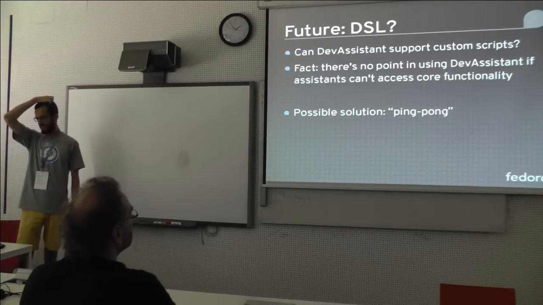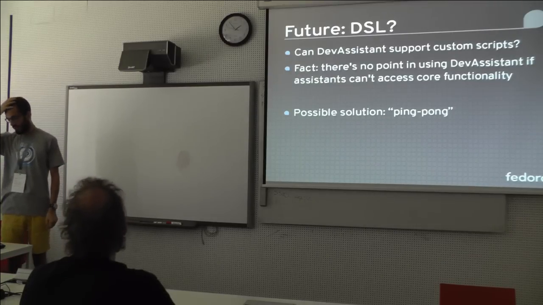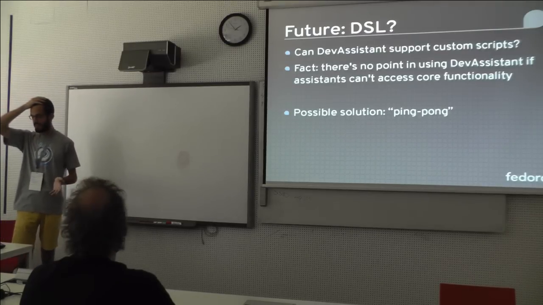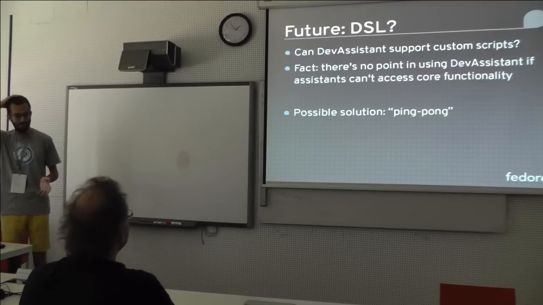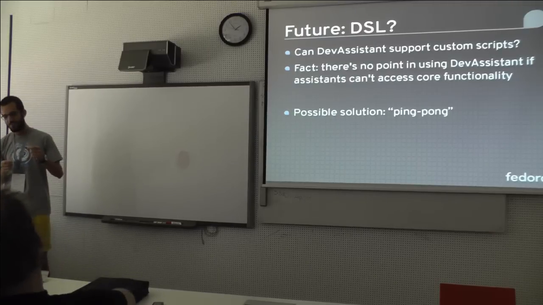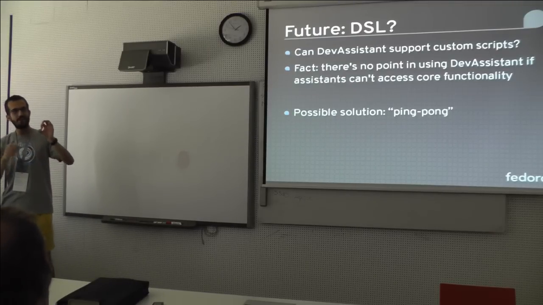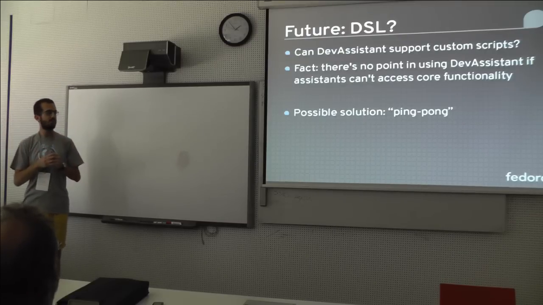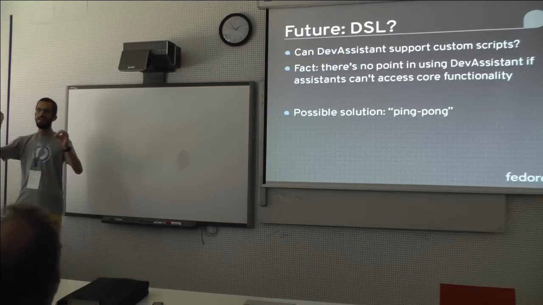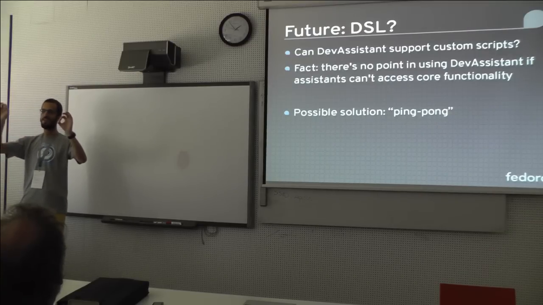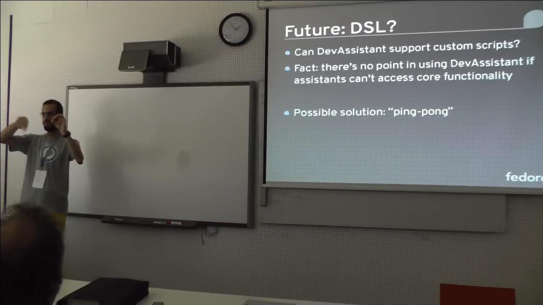So what I think we're going to do, and I'm not entirely sure, I would really appreciate your comments on that, is a solution that I call ping pong. The way it's supposed to work is that if there will be an assistant that is not written in the DSL, that is written, for example, in Python, and it will be executable, then DevAssistant will run it as a sub-process and communicate with it through a pipe, and they will send messages back and forth, so like ping pong.